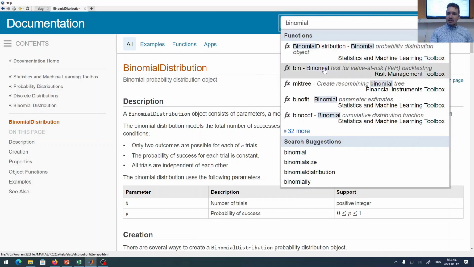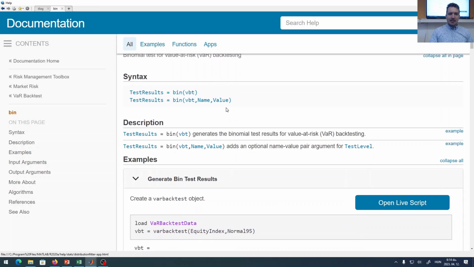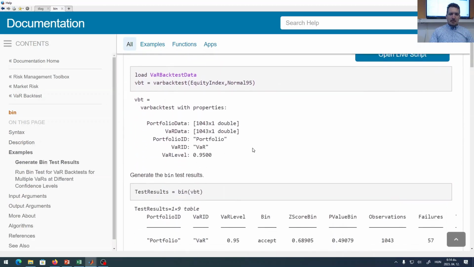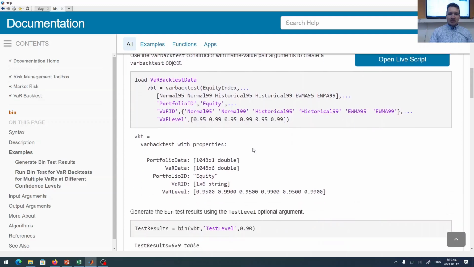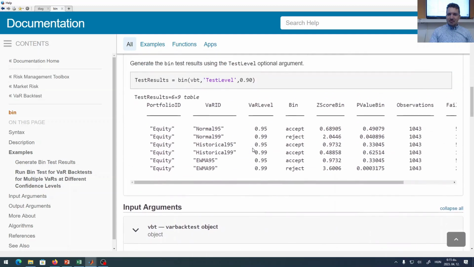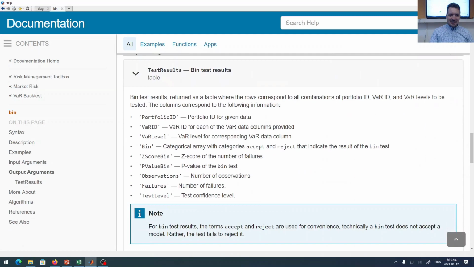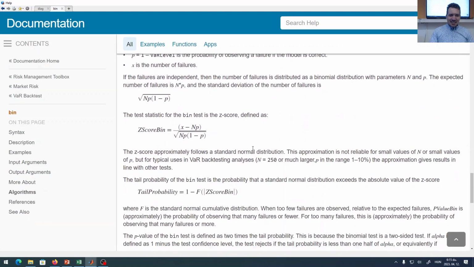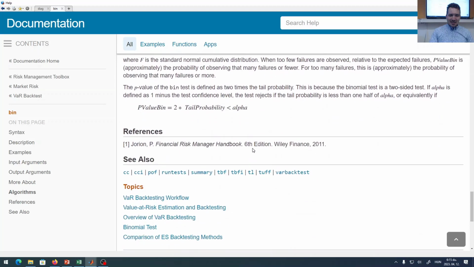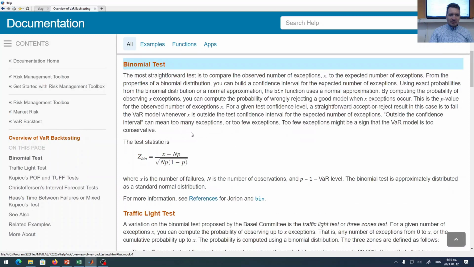I need it for backtesting. Oh, come on. Objects here and there. Binomial test. Yeah, I need this.